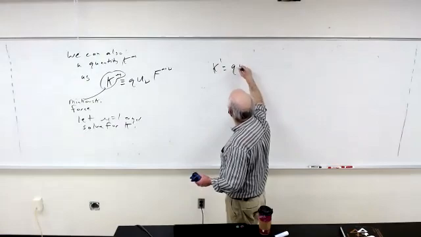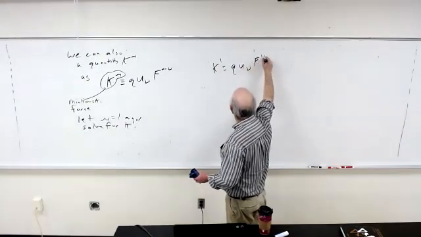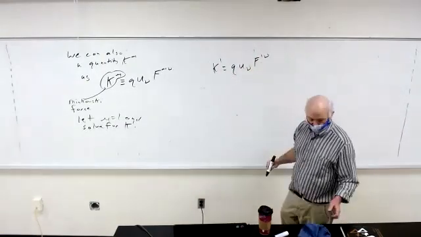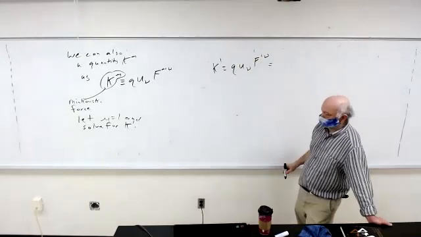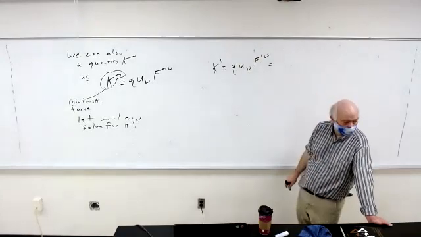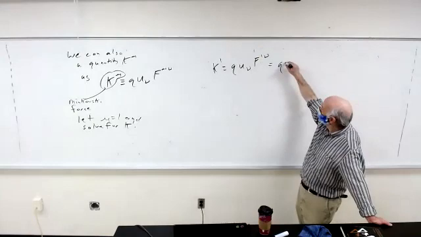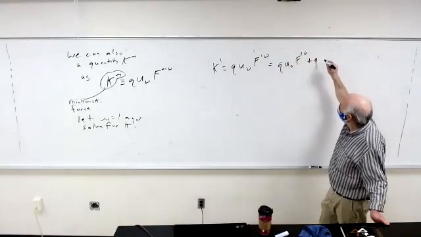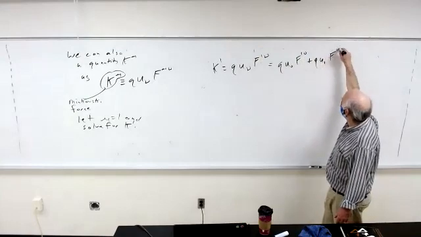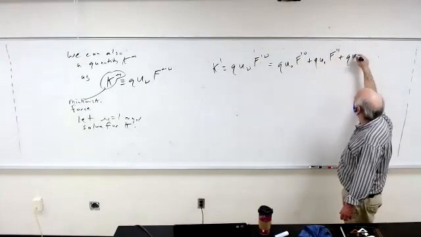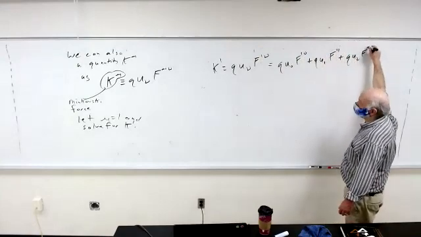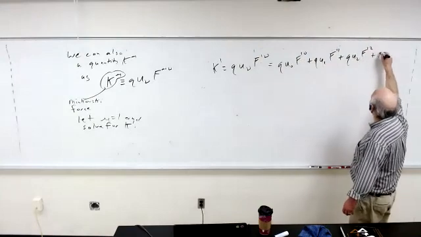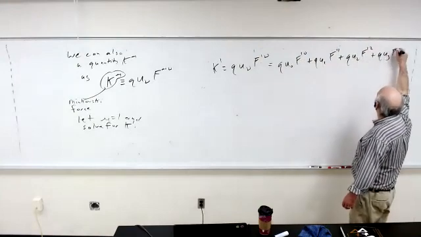This is Q, this is U nu, this is F1 nu. So what does this equal? Q U0 F10, plus Q U1 F11, plus Q U2 F12, plus Q U3 F13.